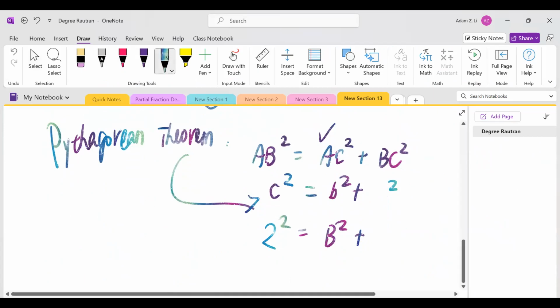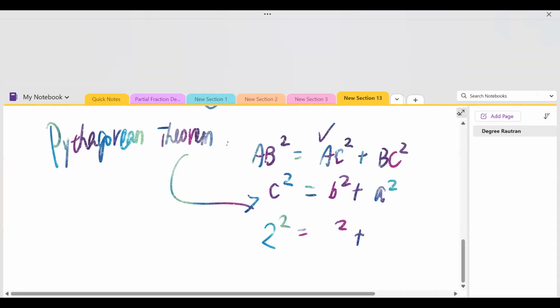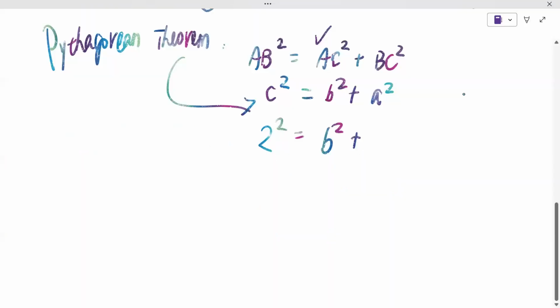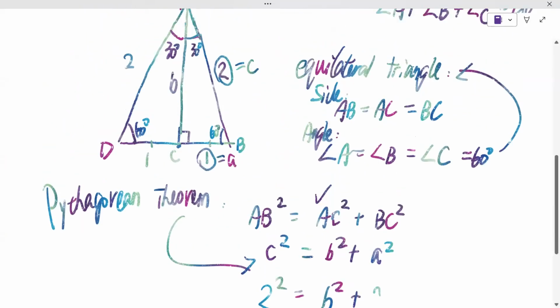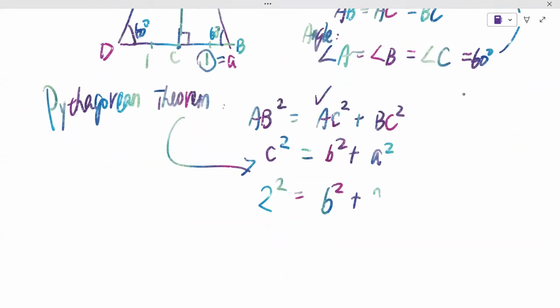This is what you learn from high school, right? Just quickly refresh your memory. And b squared equals a squared. We assume this side BC as a, so it will be 1 squared.